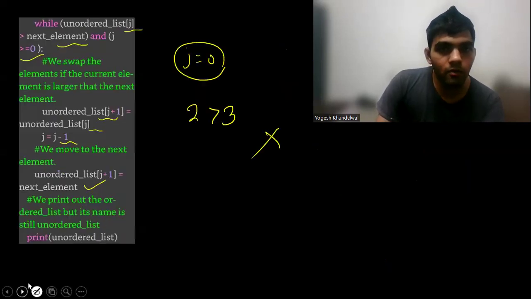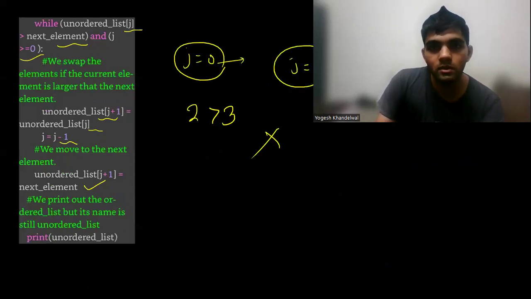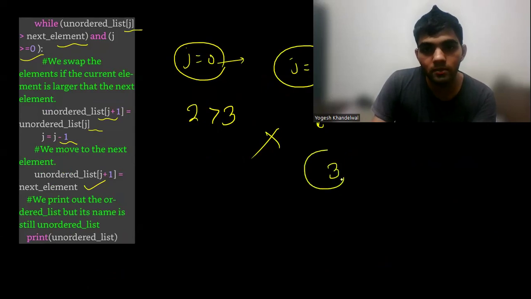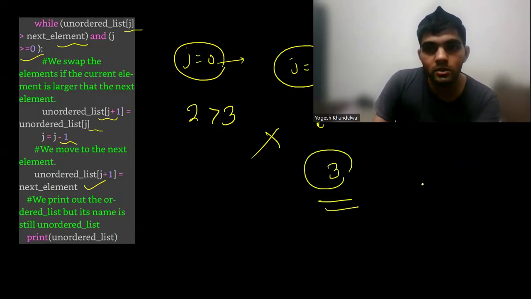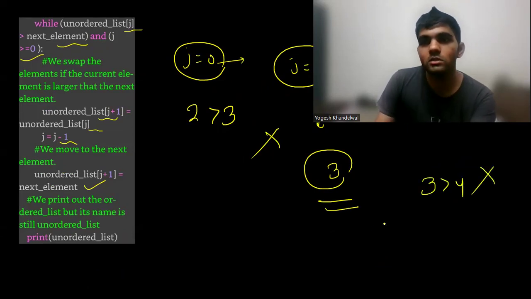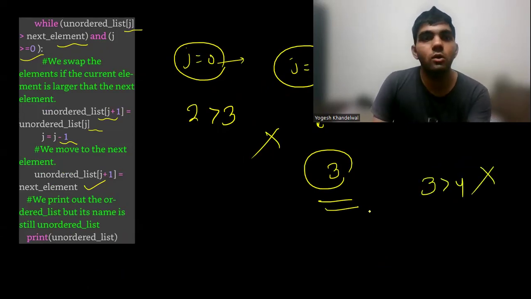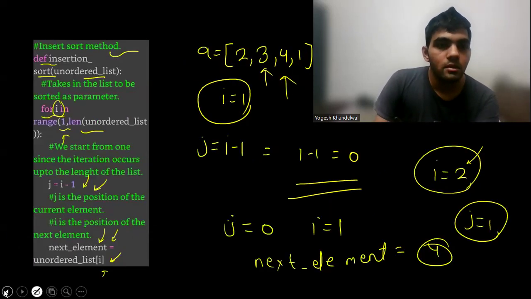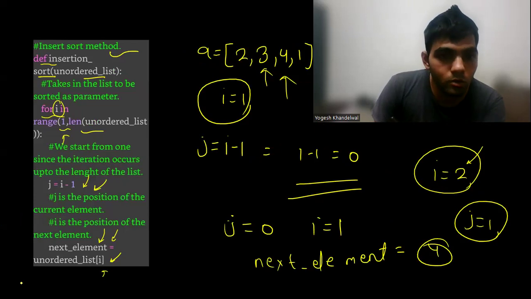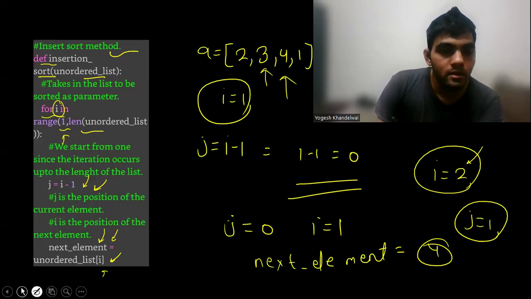And our j, instead of 0, is now 1, which corresponds to 3. So unordered list of j is 3 and next element is 4. Is 3 greater than 4? This is wrong, so this loop is not run here. Then we go to the next element.